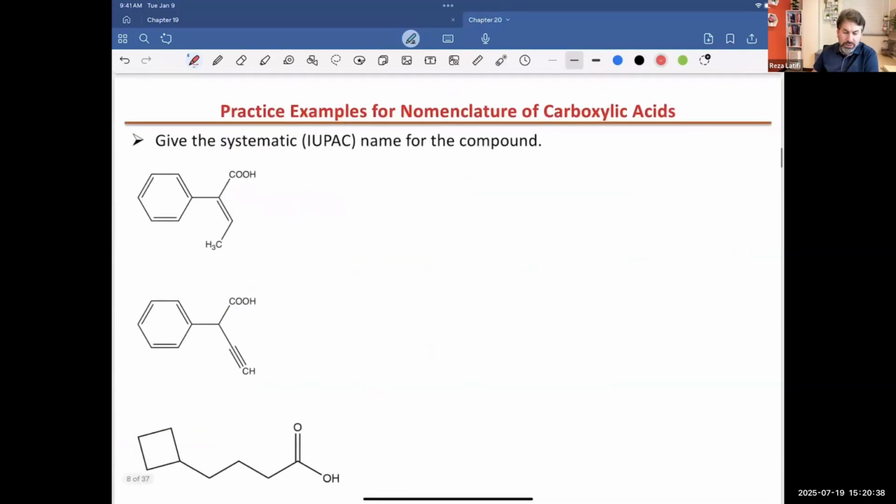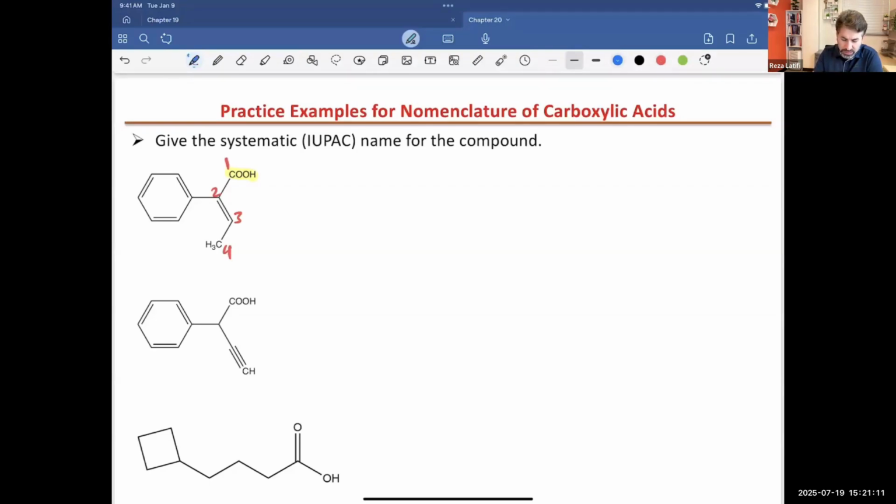Now, I'm going to add a double or triple bond inside the backbone while we have a carboxylic functional group, and I want to know how we name them. Again, I'm going to highlight the carboxylic functional group, and that's going to be number 1, and I go 2, 3, and 4. And on the 2nd carbon, I have a phenyl group and also a double bond.